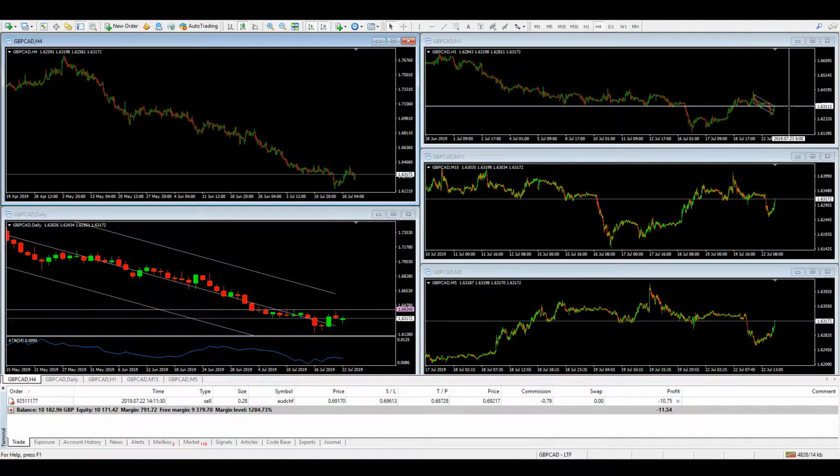So let's just say we had an entry around here. This is just a rough eyeballing of what the price would be. This is about 12.5 pips.